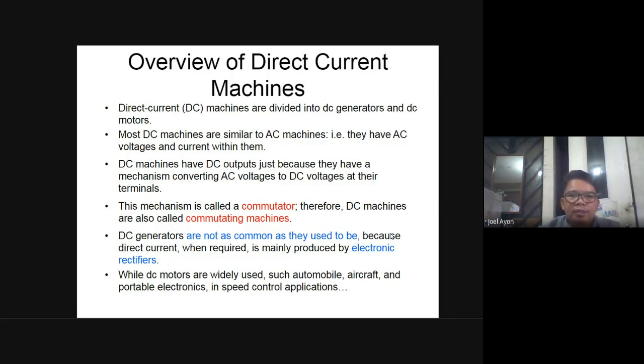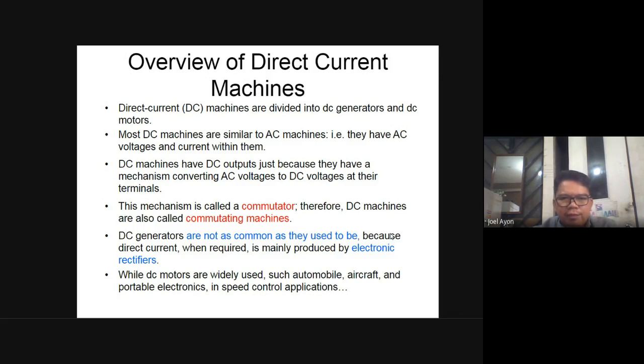Accordingly, most DC machines are similar to AC machines. They have AC voltage and current within them. Okay? So DC machines have DC outputs just because they have a mechanism converting AC voltages to DC voltages at their terminals. All right.